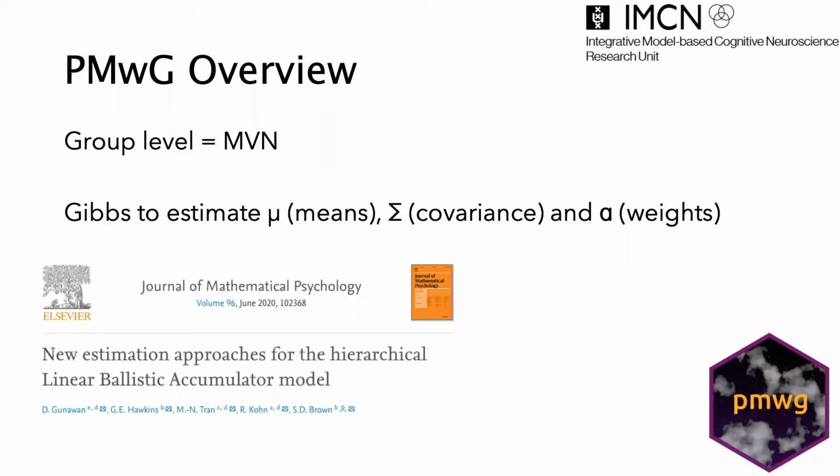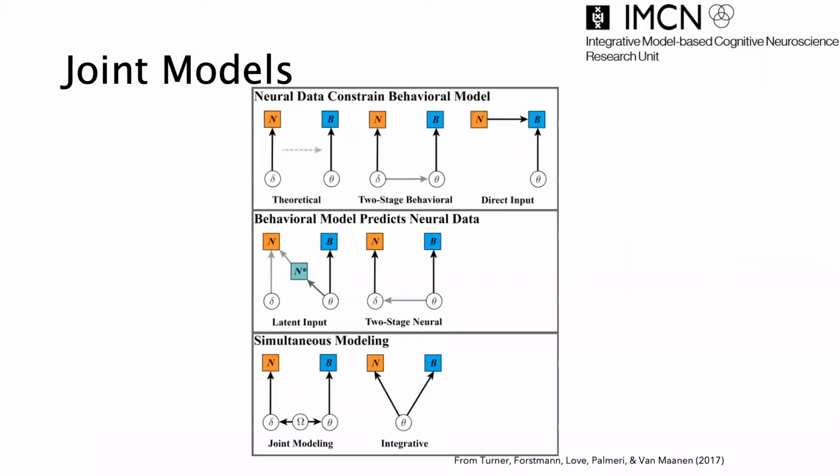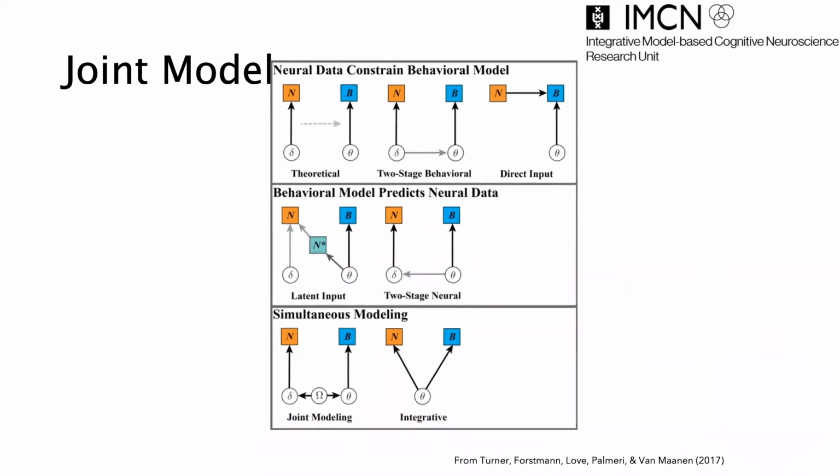You can find more details on how the particles are generated and selected, as well as tuning parameters in the associated paper and links. For now, just know that the sampler is reliable and quite efficient, and focus on the group level model. One thing that pmwg does make easier is joint models, for which there are many types of linking functions.